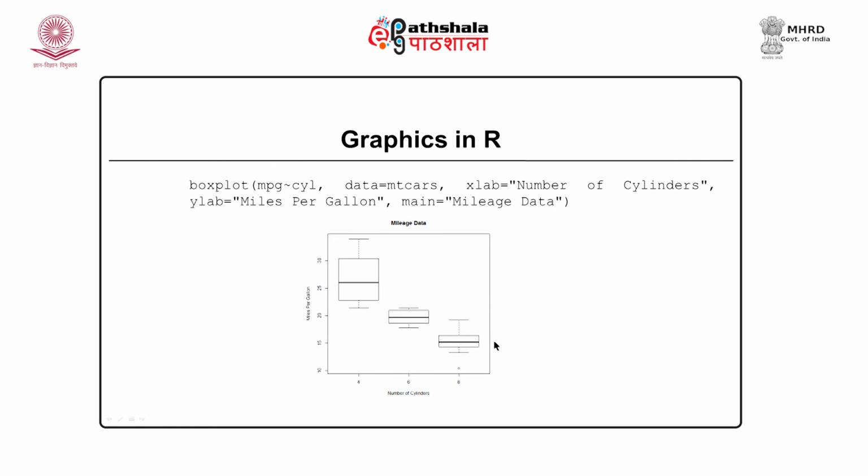So, the mileage will decrease if the number of cylinders increases, and you can easily compare different values using box plots. So, I hope you have appreciated the usage of the box plot function. The same kind of chart, if you try to create in a spreadsheet package, it will be very difficult.